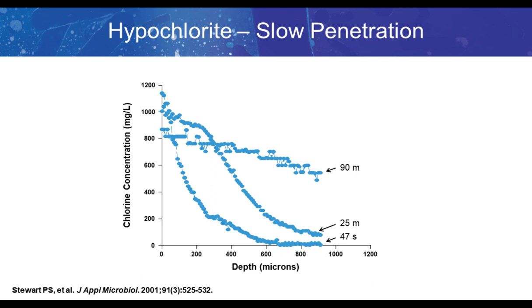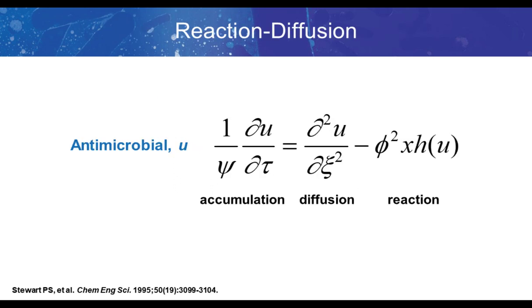And the reason for this slow penetration is a reaction diffusion problem. And I've shown the equation here. The equation is not important, but the accumulation of the antibiotic is dependent on both how quickly it diffuses in through the biofilm and how much of it is reacting with the biofilm, or how fast that reaction is.